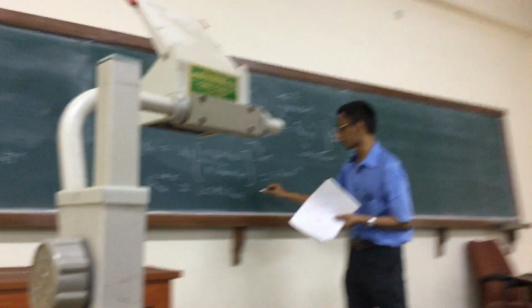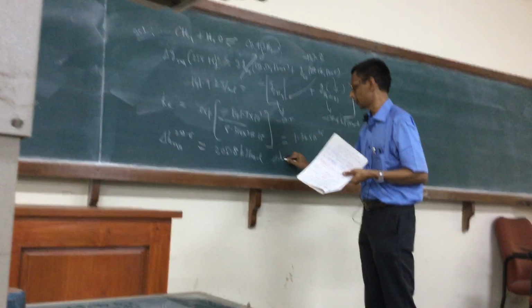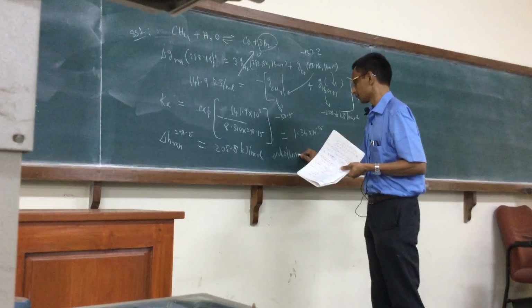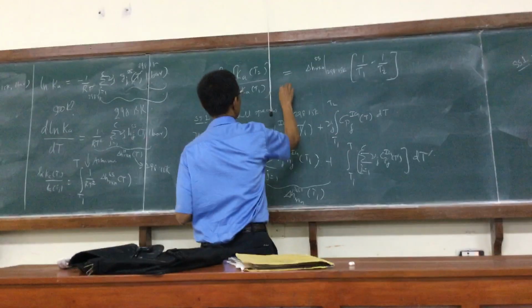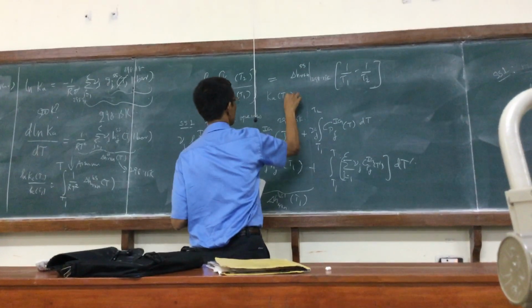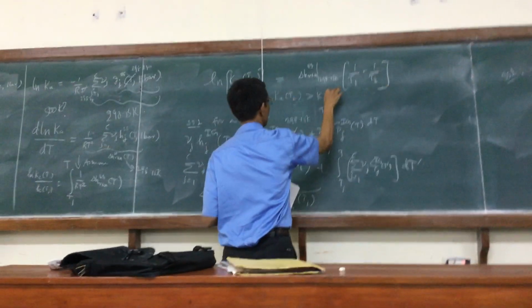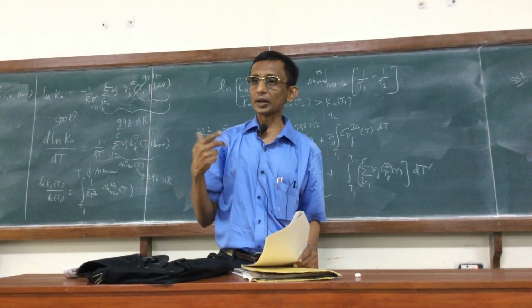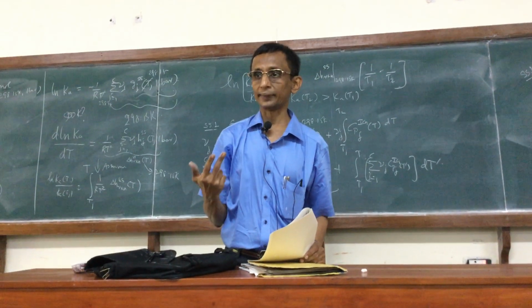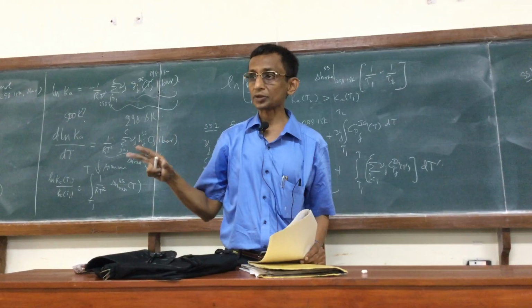But anyway, this is characterized as endothermic, but very clearly what this means is that if I substitute it here, then you will see that Ka of T2 will be greater than Ka of T1. Because we are making a conclusion about Ka basically, not about what is actually going to happen.